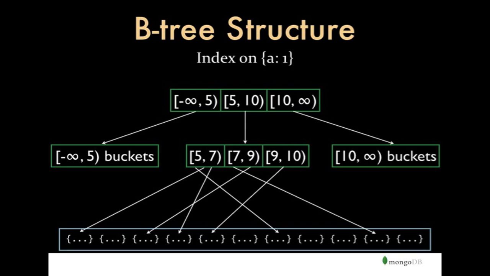The buckets in this case happen to be -infinity to 5, 5 to 10, and 10 to infinity. The leaf nodes split once the bucket is full. They have a 24 byte limitation, at which point the bucket splits. And at the bottom, you will see the collection where each curly brace is a document.